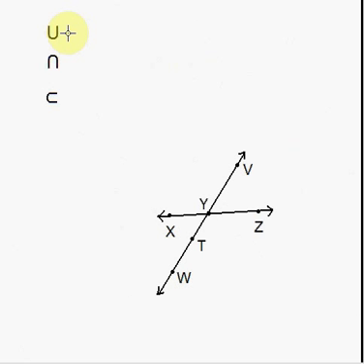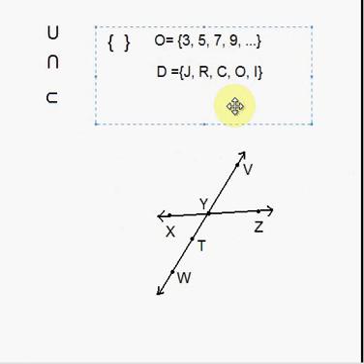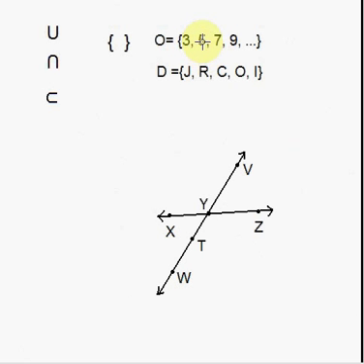Union means both sets combined, or all sets combined, everything that is in every set. So if we were talking about these sets again, the union of these sets would be 3, 5, 7, 9, and then that would go on infinitely.